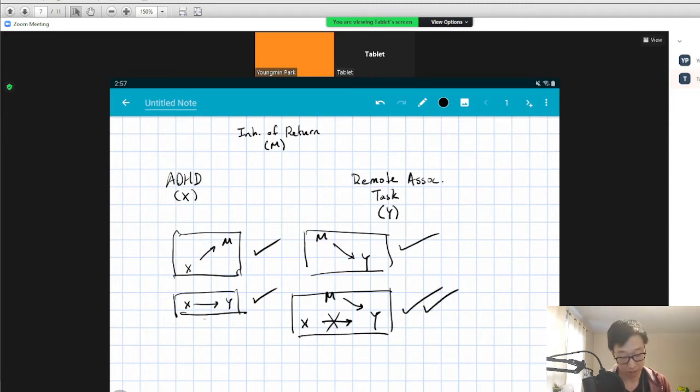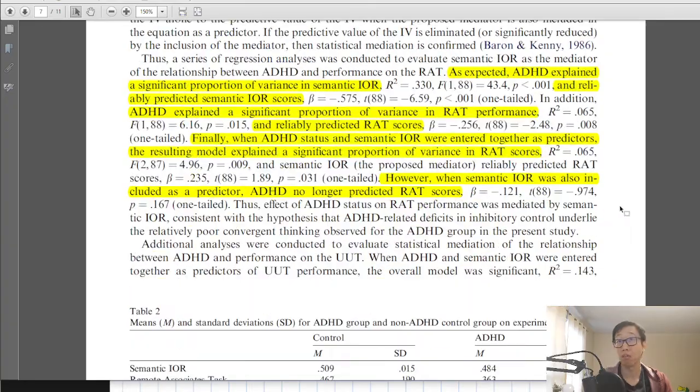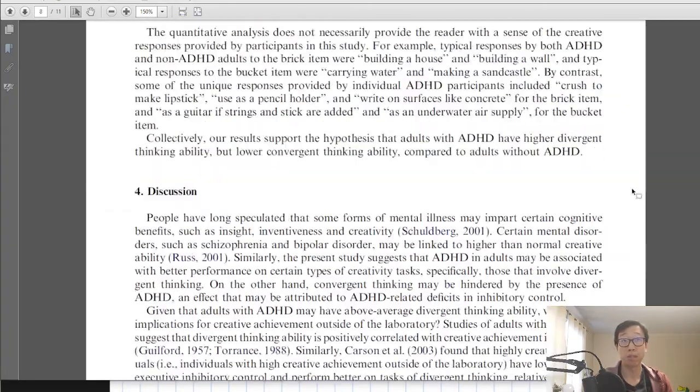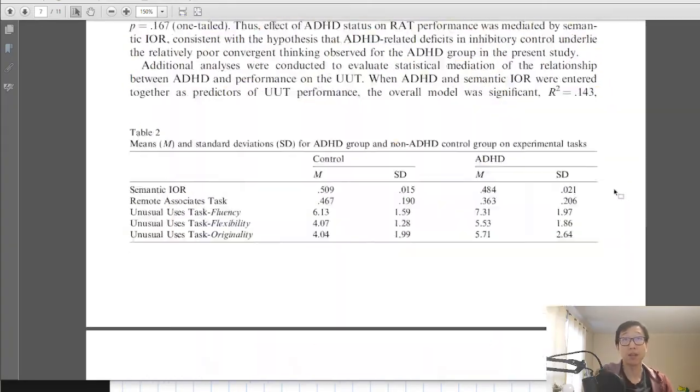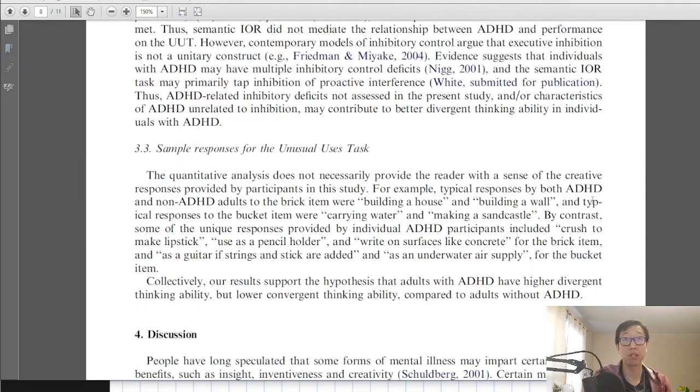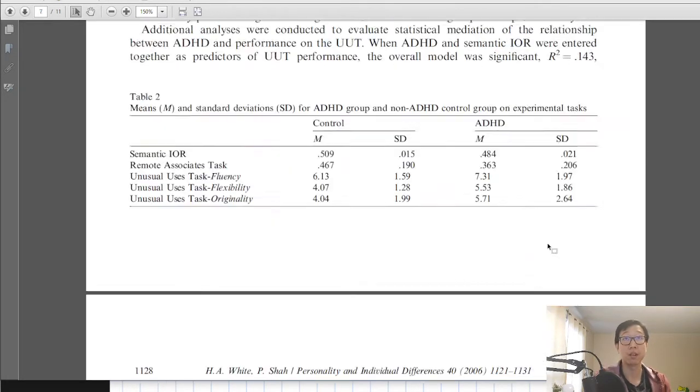So we do in fact have IOR as a mediator. So that's pretty cool. The authors are then very careful to conclude the results of this finding.